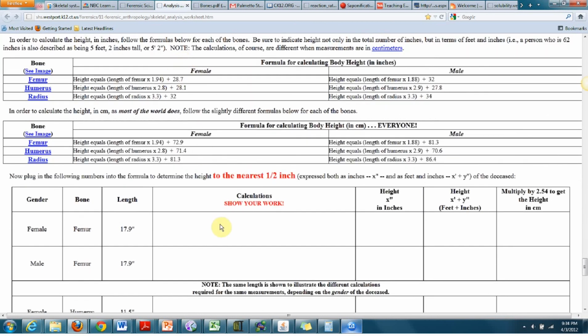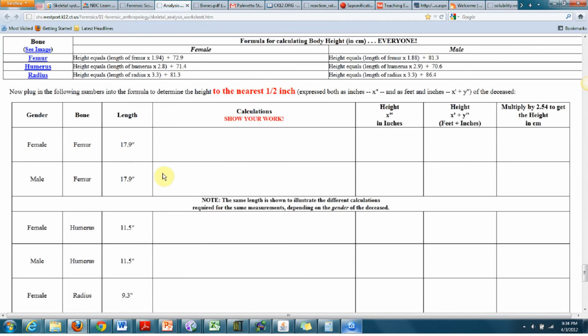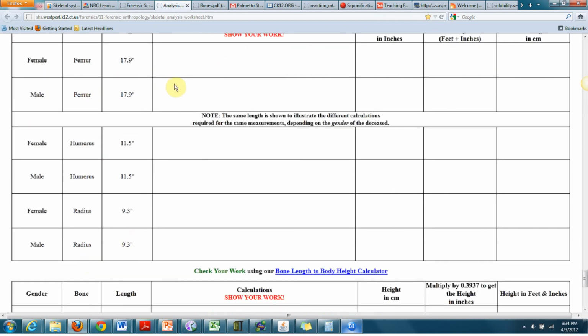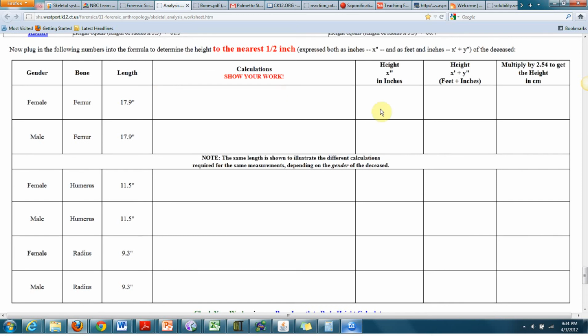So with this information, you'll be able to fill out the bottom of this worksheet. And given the length of particular bones, the femur and the humerus and the radius bones, you're going to be able to calculate the approximate height in inches, feet and inches, and then in centimeters.